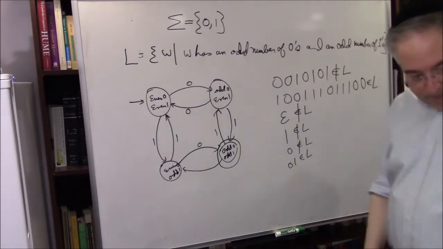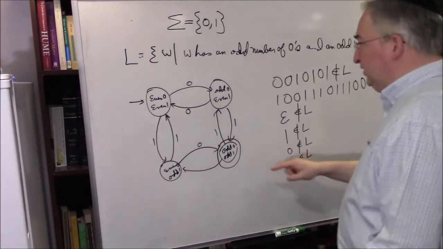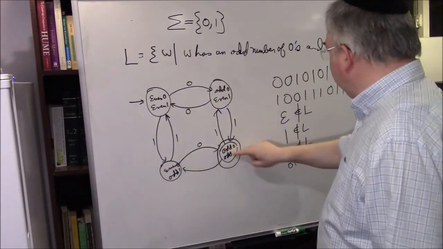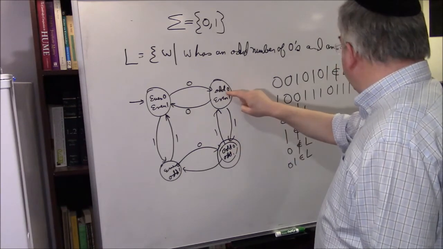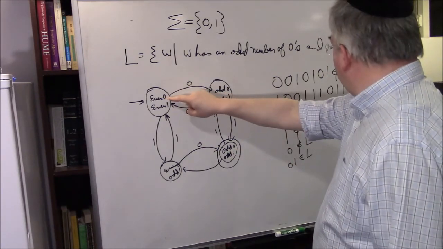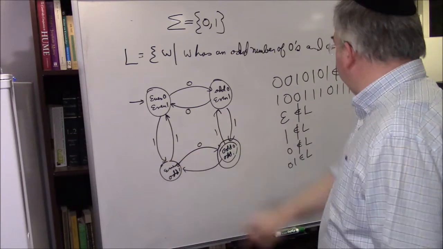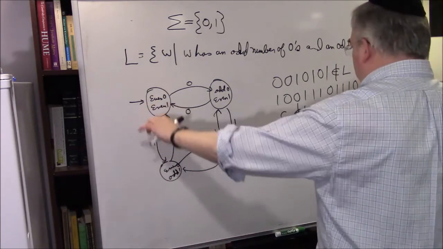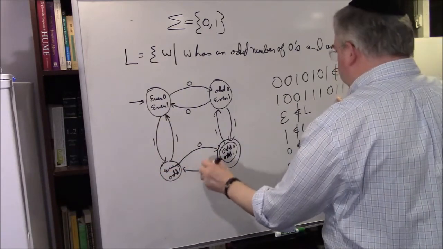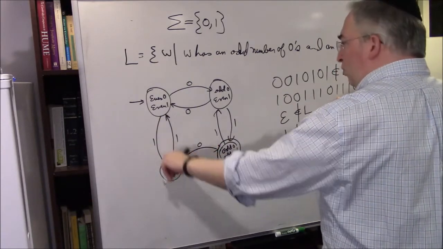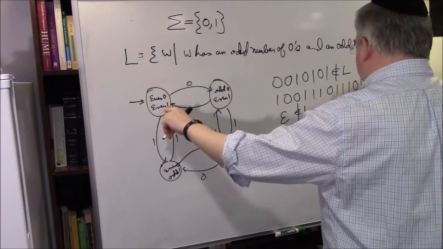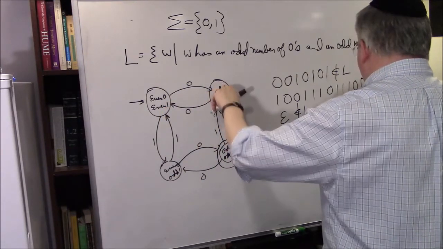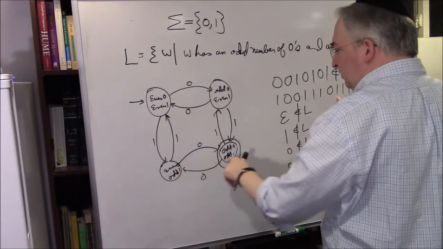Okay, and now we can again follow this. Let's just follow this. 0, 0, 1, 0, 1, 0, 1. It ends up here. Okay, let's do this one. You ready? 1, 0, 0, 1, 1, 1, 0, 1, 1, 1, 0, 0.